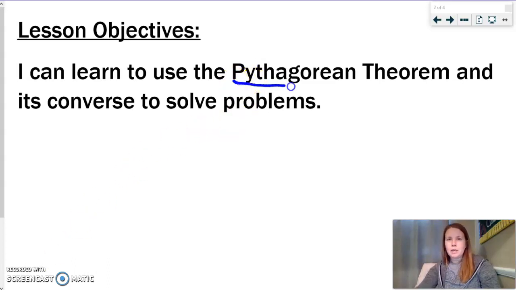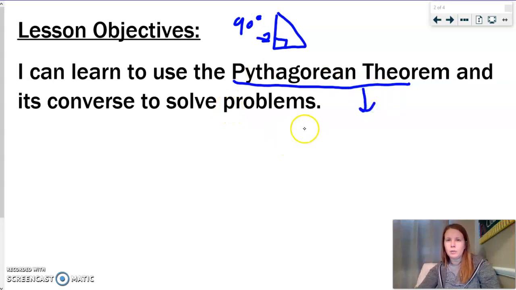So remember that the Pythagorean theorem talks about right triangles. So I need a triangle that has at least one angle that is a right angle, meaning 90-degree angle. And then I can use a certain equation to solve it out. Remember that that is a squared plus b squared equals c squared.